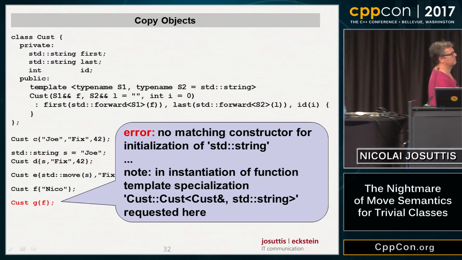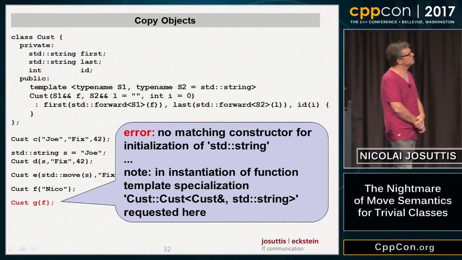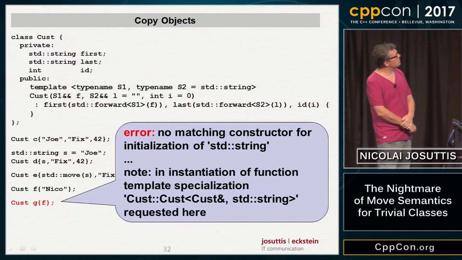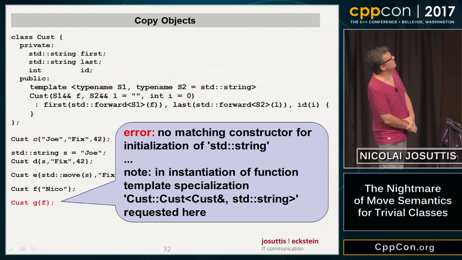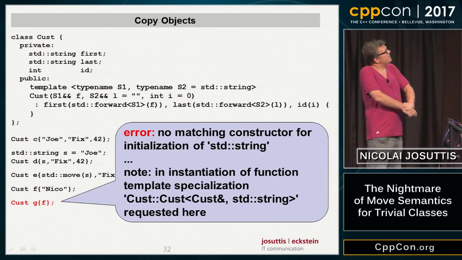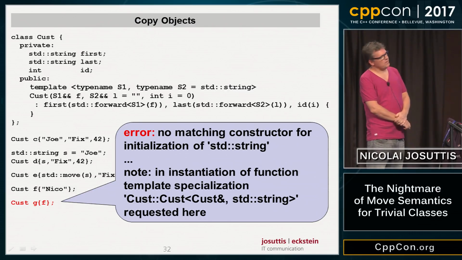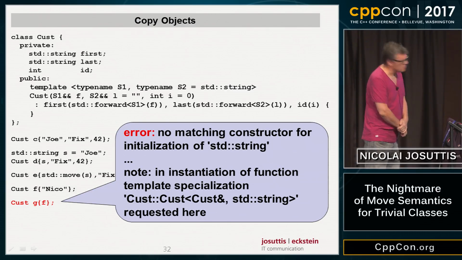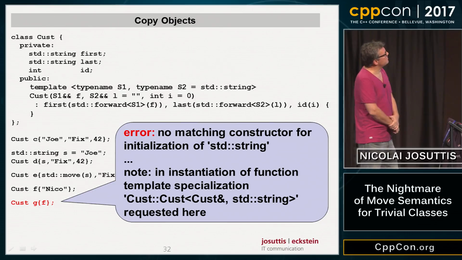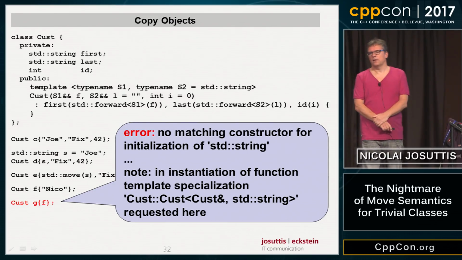It doesn't compile. We have no matching constructor for the initialization of a std::string. Note, in instantiation of the function template specialization Customer taking a Customer, for S1 instantiated as Customer reference, and a std::string is requested here.